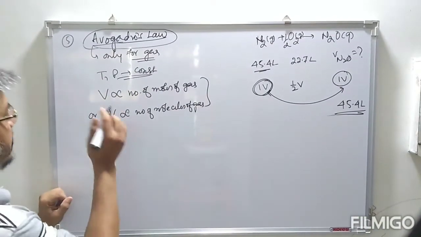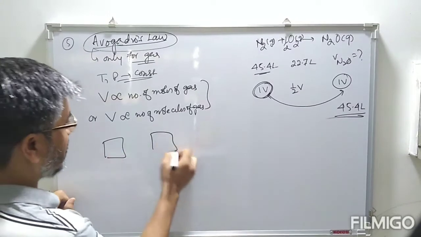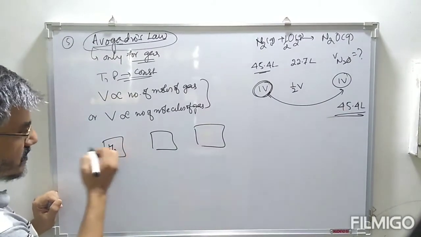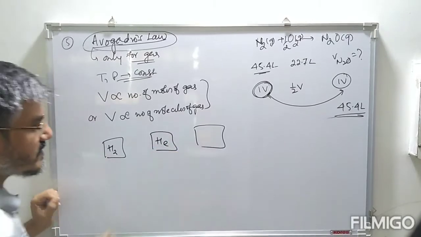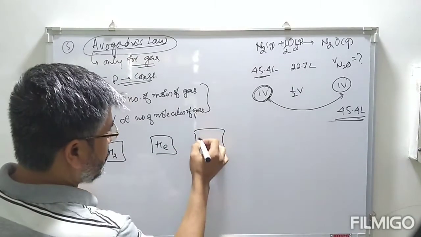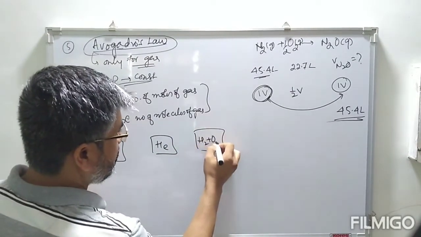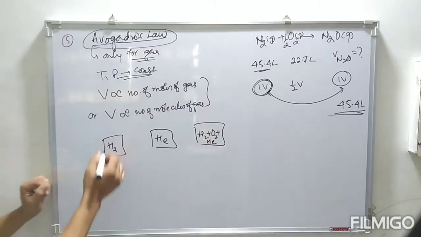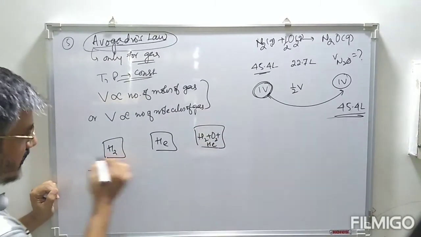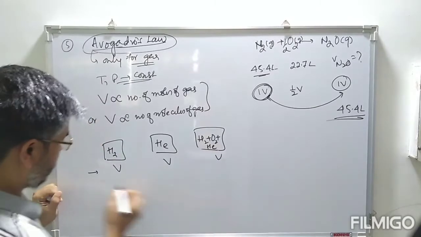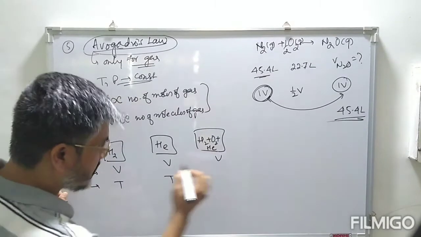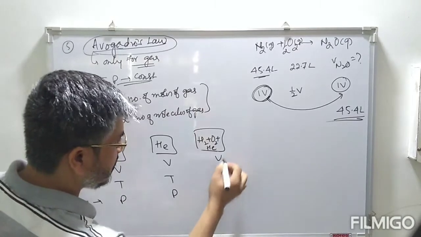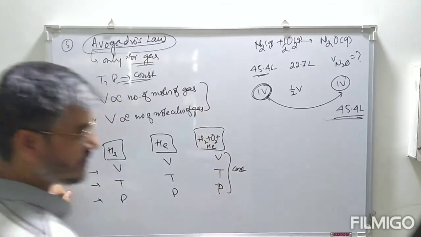That means, suppose we have container A, container B and container C. Container A contains hydrogen gas, B contains helium gas, and the third contains a mixture of hydrogen, oxygen and helium. All containers have the same volume, temperature T and pressure P, which are fixed.